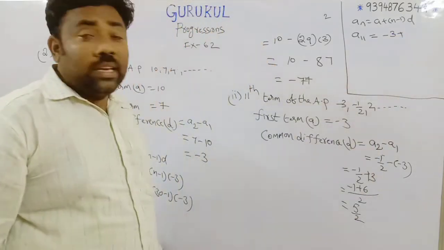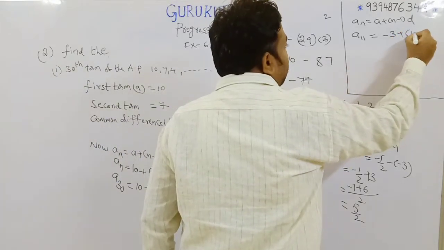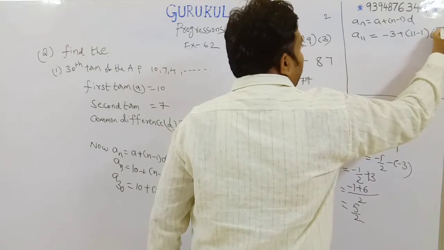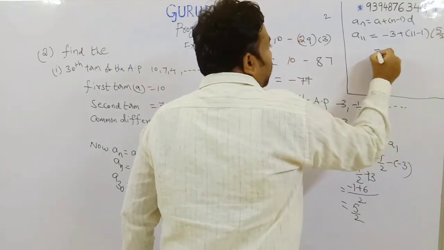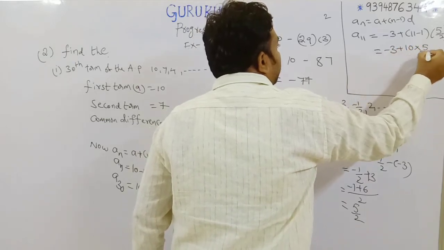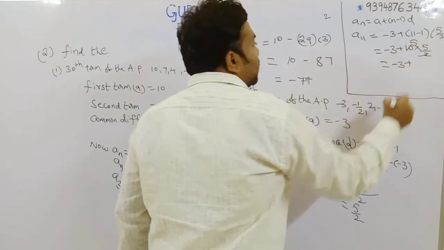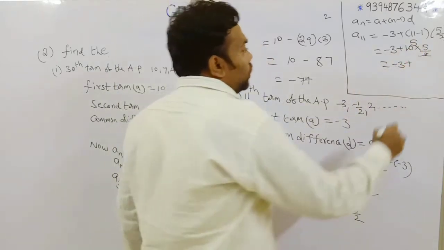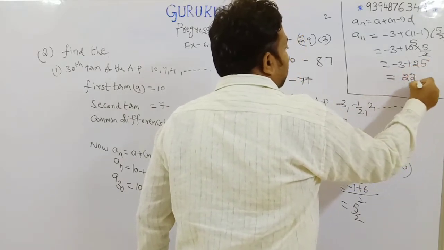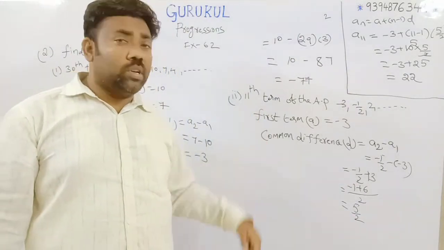Here n equals 11, so minus 3 plus (11 minus 1) into 5 by 2. That is minus 3 plus 10 into 5 by 2. 2 into 5, 10, so 5 times 5 is 25. 25 minus 3 is 22. This is the 11th term of the given progression.